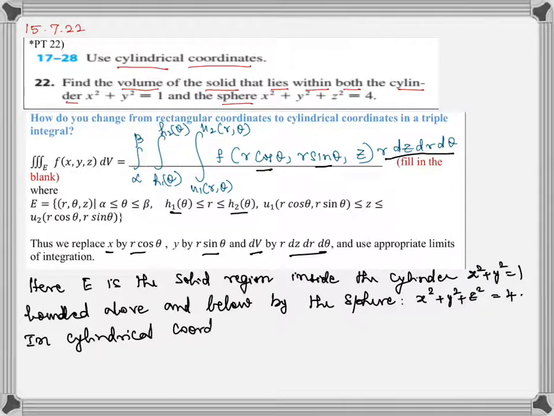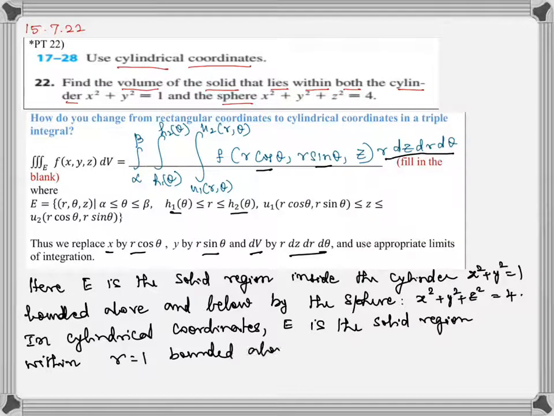In cylindrical coordinates, E is the solid region within r equal to 1, because x squared plus y squared equal to 1, and x squared plus y squared equals r squared, so r squared equal to 1, which means r equal to 1.